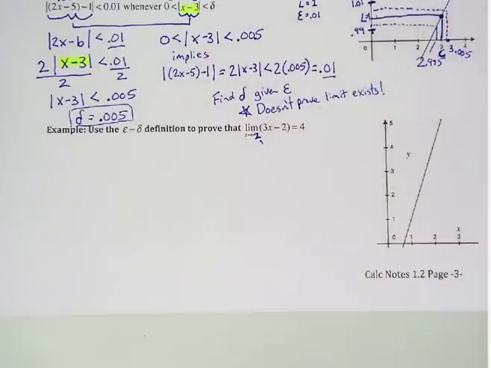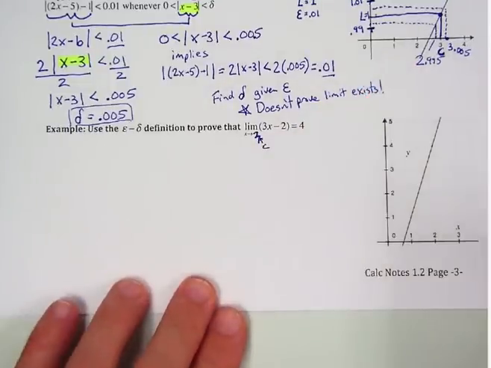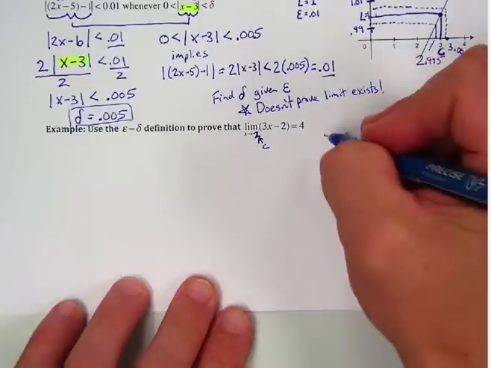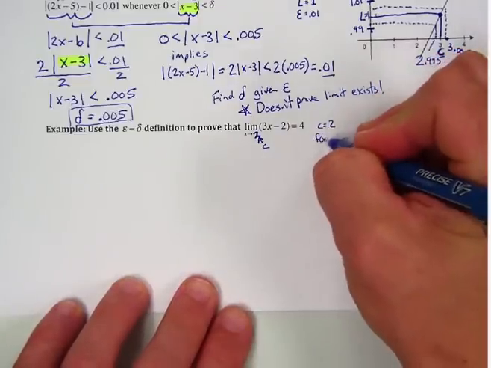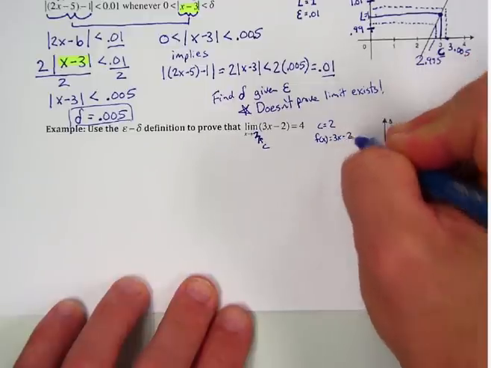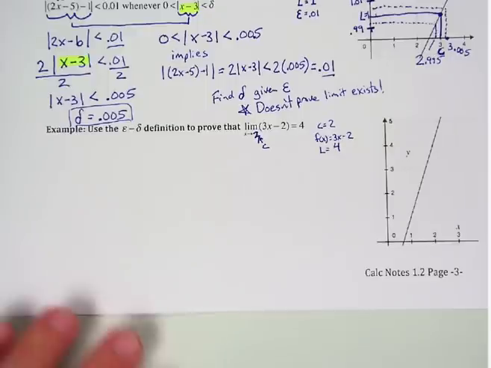Go ahead and find your c, your f of x, and your L. I get c equals 2, f of x is 3x minus 2, and L equals 4. And let's begin our proof.